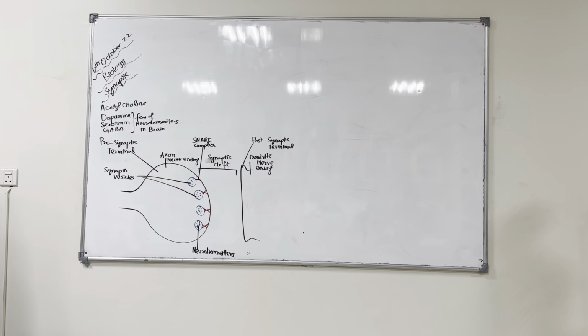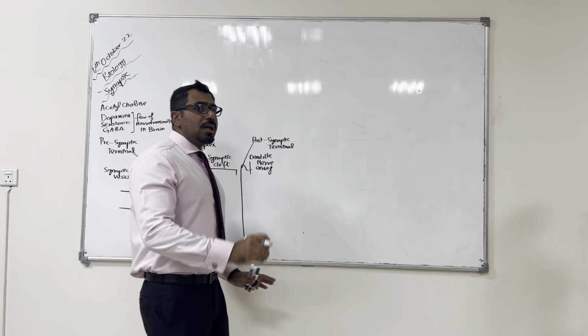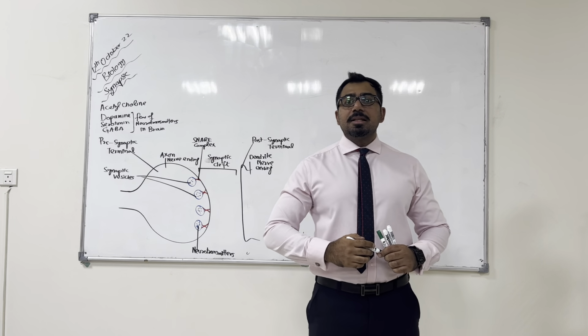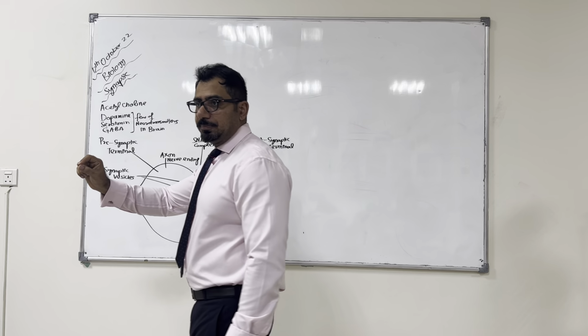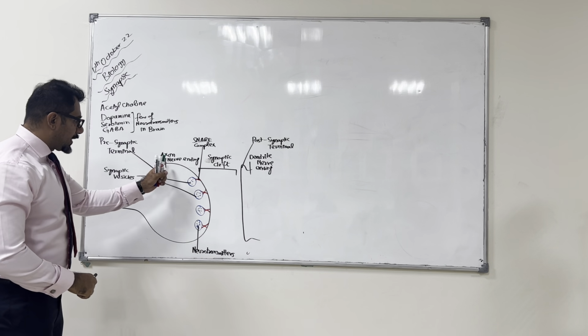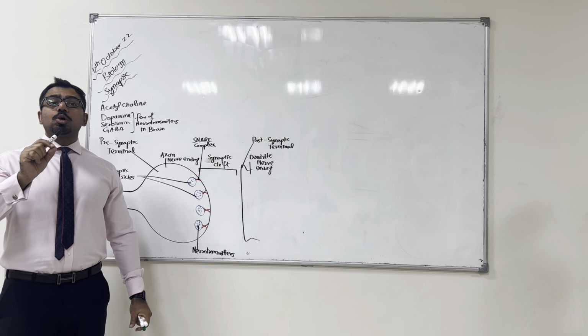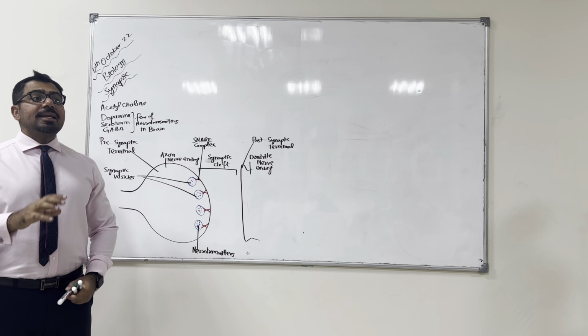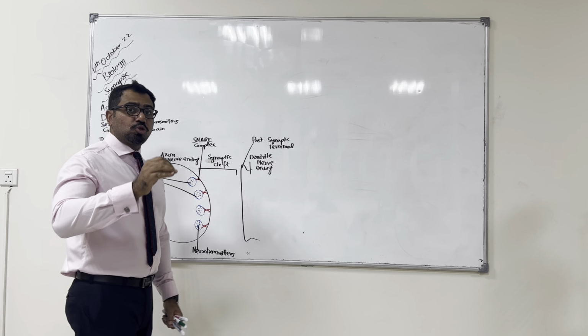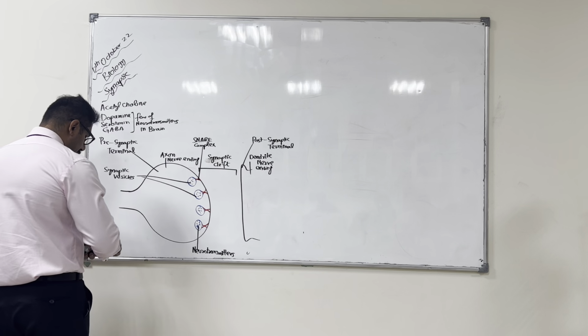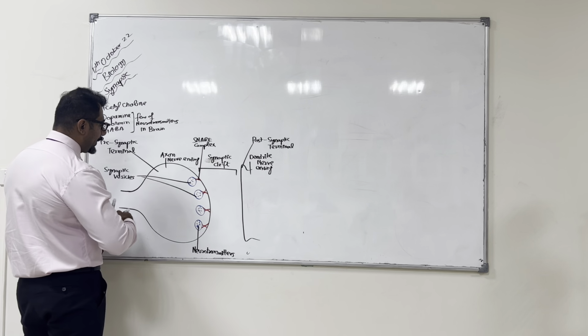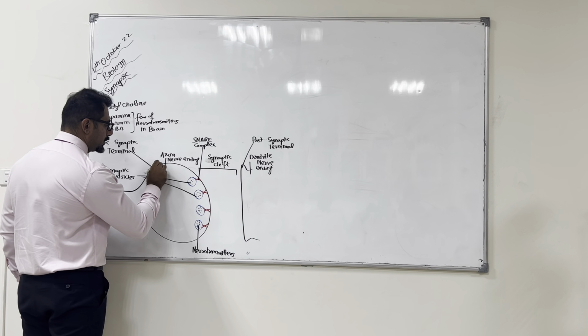Alright guys? Next thing. These axon nerve endings have a little difference from the rest of the axolemma. This is also a membrane, right? But the axon nerve ending has a little difference in its structure than the rest of the axolemma. Over here, there is presence of calcium ion channels.